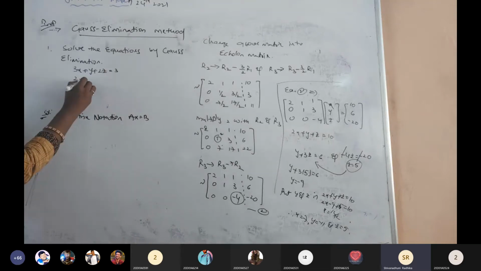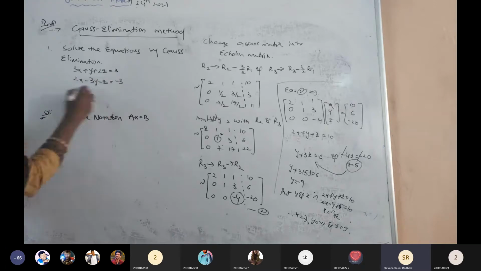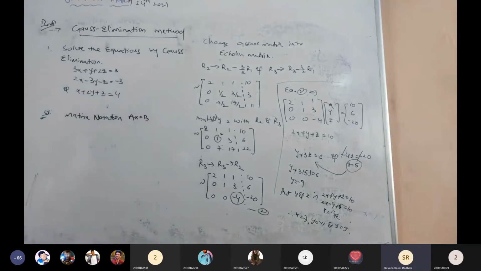Next, 2x minus 3y minus z equals to minus 3. And x plus 2y plus z equals to 4. Same Gauss elimination, find the variable values.